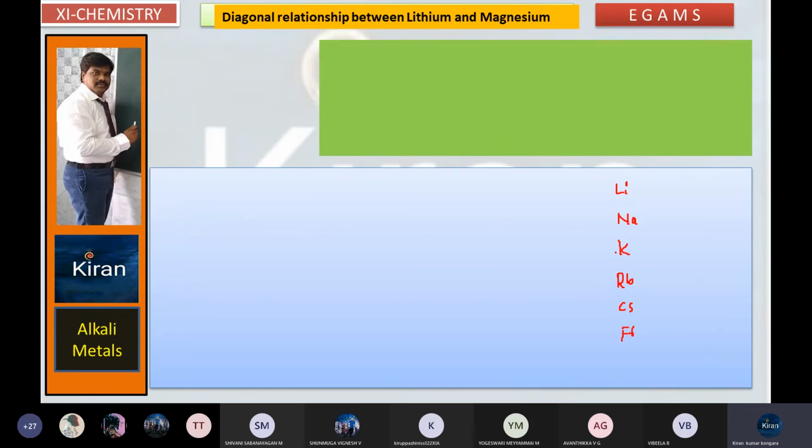What's the reason mainly? They have the general electronic configuration ns1. All have only one electron in the valence shell. Because of this, all have similar characteristic properties. That is the reason all these elements are placed in group 1A.